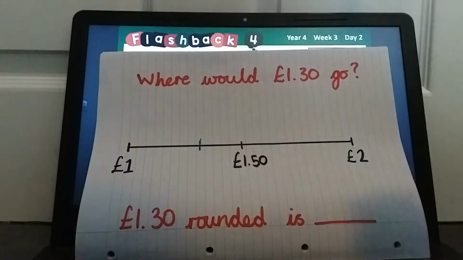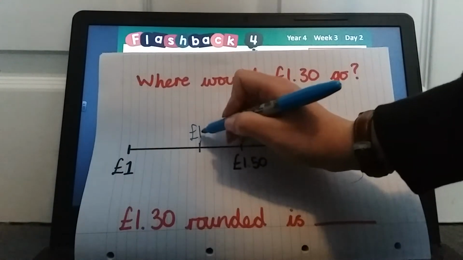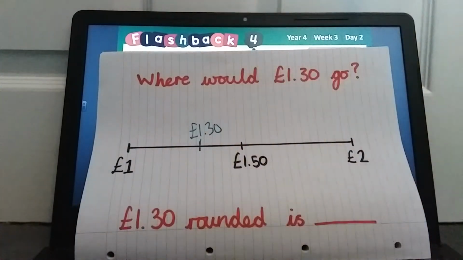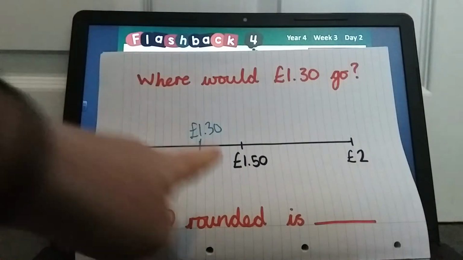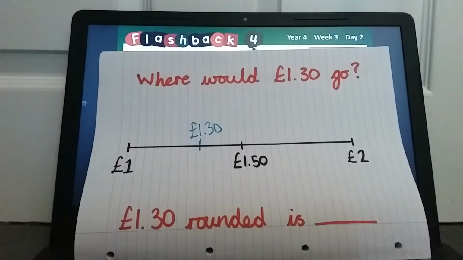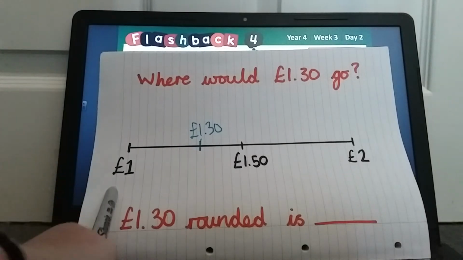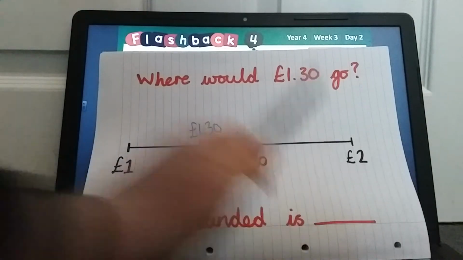So if £1.30 would go here, which whole pound is that closer to? Remembering the whole pounds would be numbers that you could make using just pound coins. So the £1.50 would not be a whole pound because you would need a 50p to get there. So our whole pounds on this number line would be the £1 and the £2.